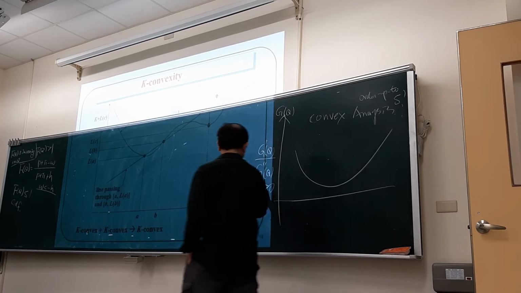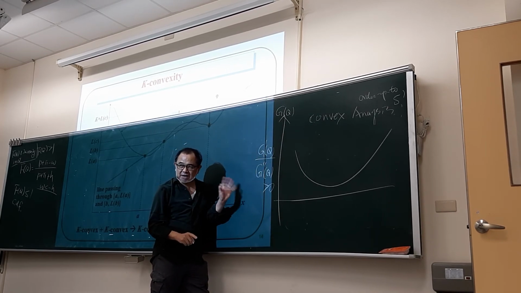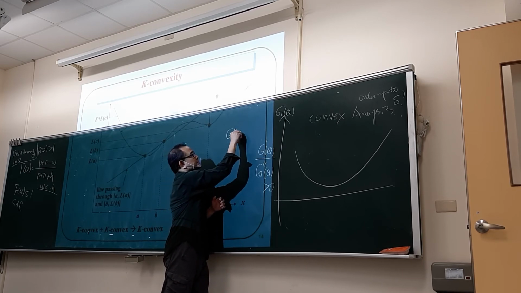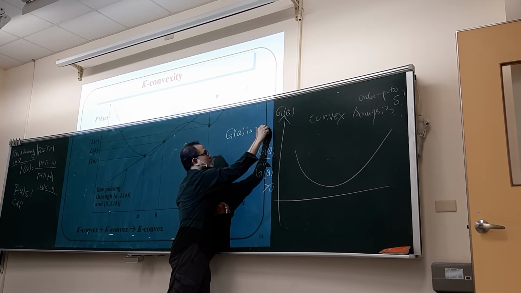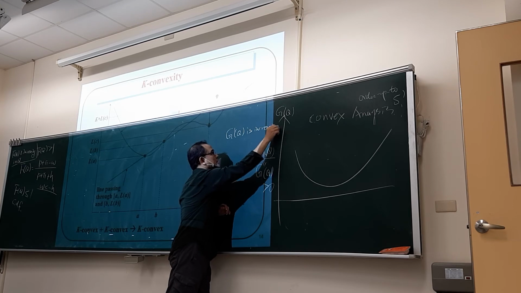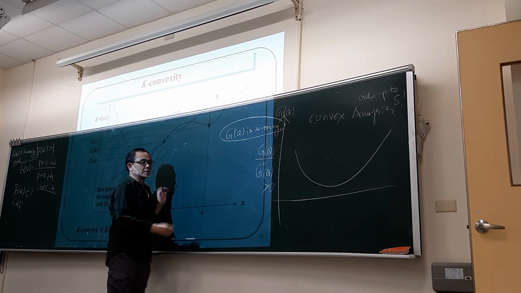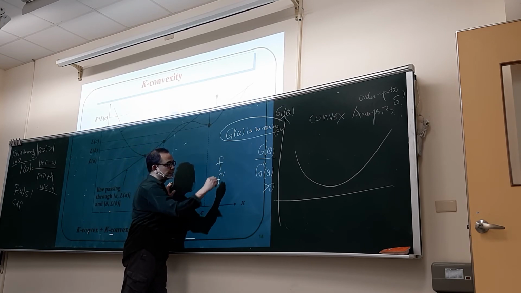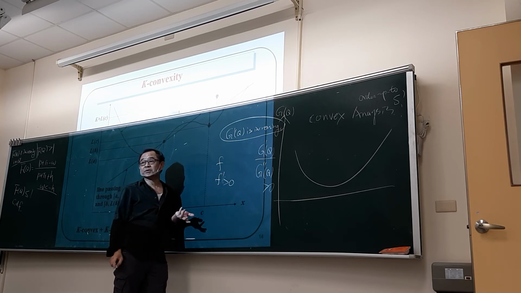Why is that? You see, the second derivative is positive, means what? The first derivative is increasing. Okay. We have a function f. If f prime is larger than 0, we say f is increasing, right? Agree?